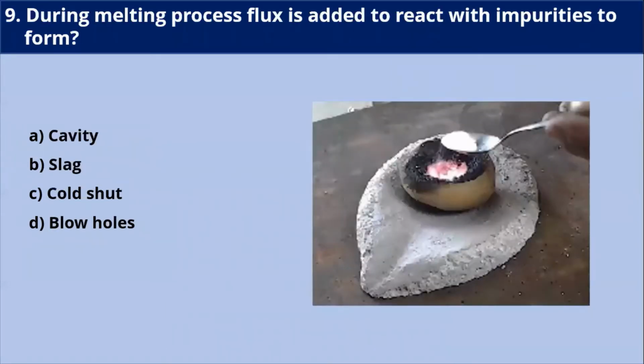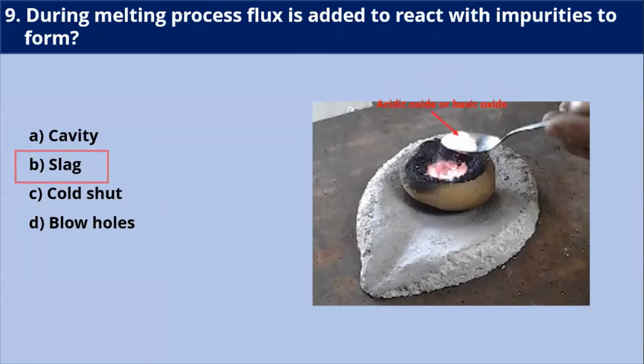Next question. During melting process, flux is added to react with the impurities to form. So here, the slag is the answer, and flux is a substance which can be either an acidic oxide or a basic oxide.